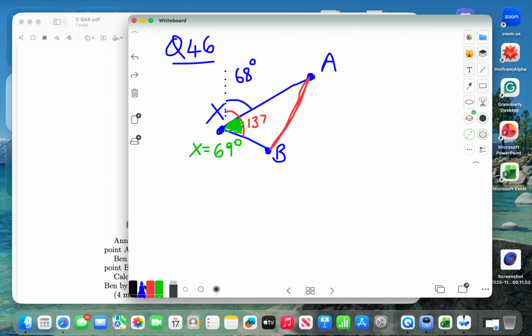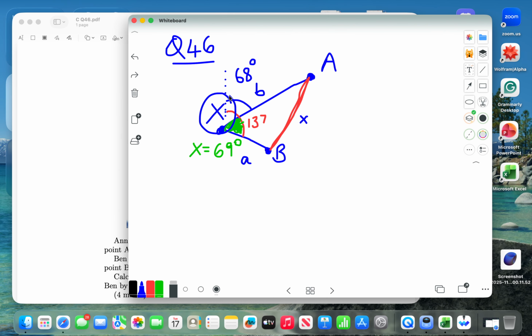So trigonometry convention is small x is the side opposite angle x, small b and small a. So what do we know? We know angle x, the green one, is 69.